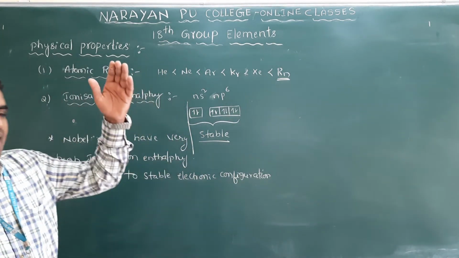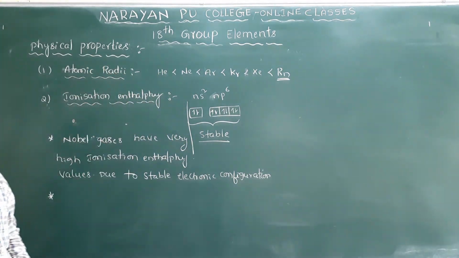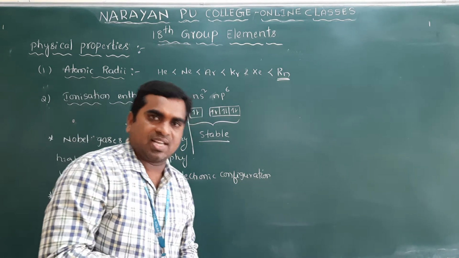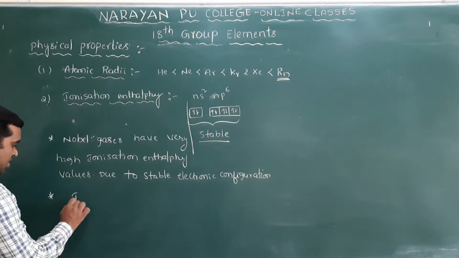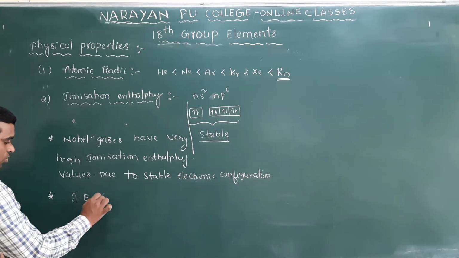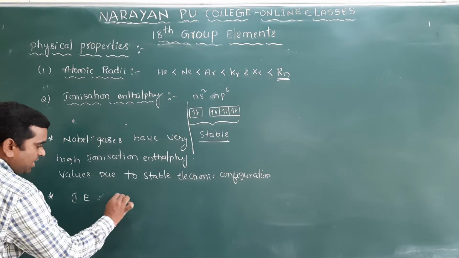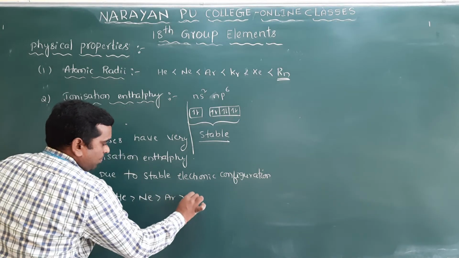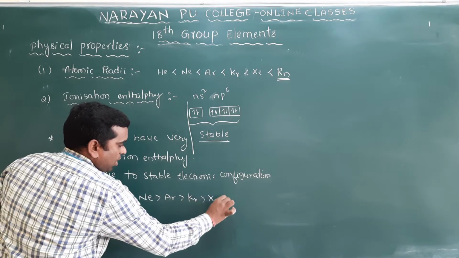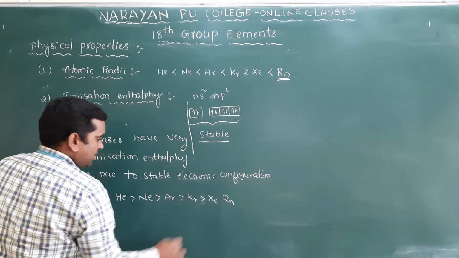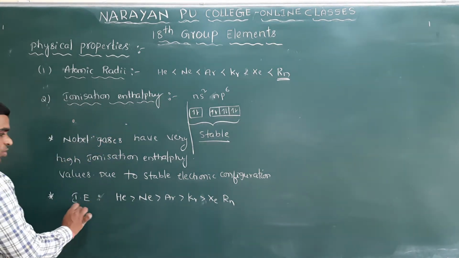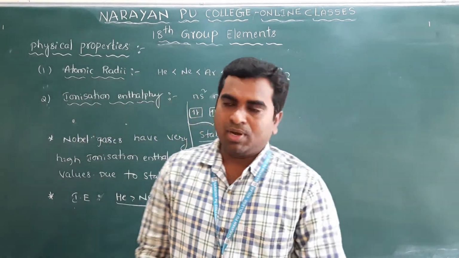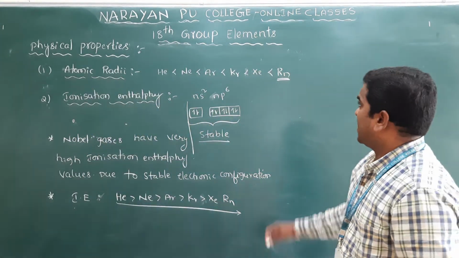So that's why as we move down the group, ionization enthalpy values decrease. Means helium, neon, argon, krypton, xenon, and last one is radon. Helium will have the highest ionization enthalpy value. Clear? So this is about ionization enthalpy.